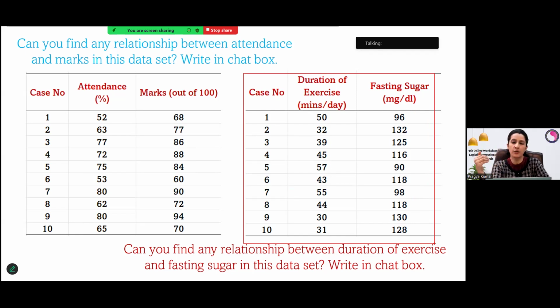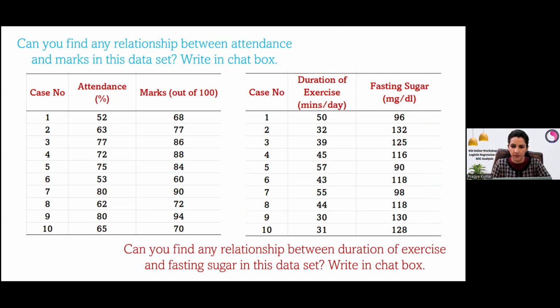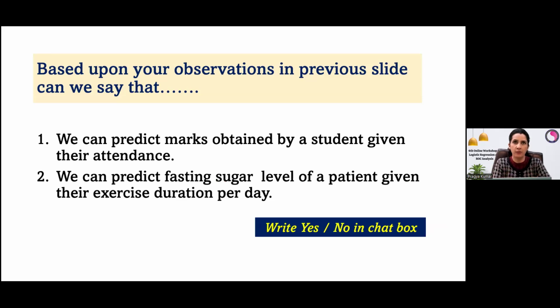The term correlation we have not introduced, but I guess that you all are familiar with it. If one variable increases, the other variable also increases. In case of negative correlation, if one variable increases, the other variable decreases. So based upon these observations, we can predict the marks obtained by a student if we know their attendance.